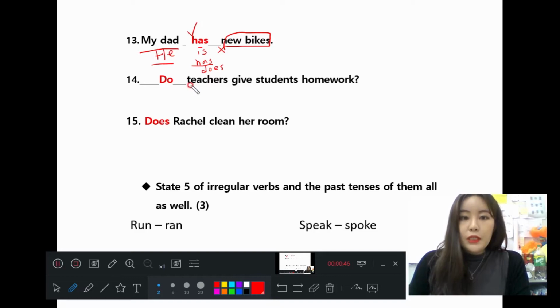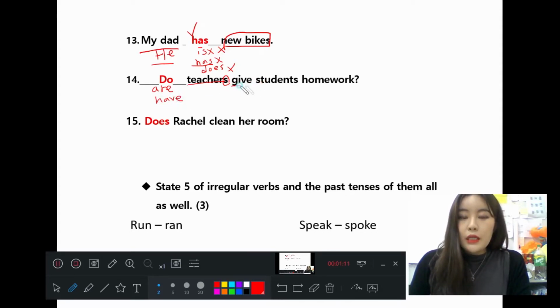And number 14, this is the question sentence. Teachers, you have to pay attention to this word. This is also the subject in this sentence, right? And teachers is a plural noun, so we cannot use does or has or is. Then it's either going to be do, are, or have.